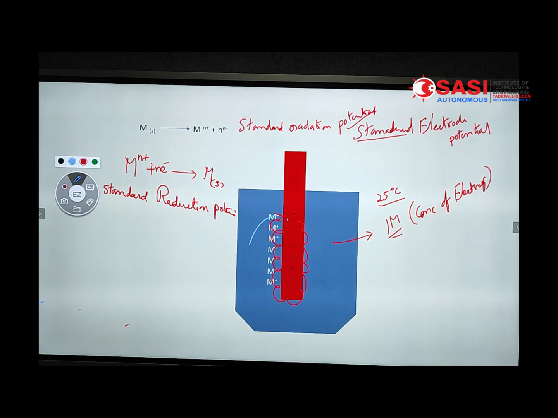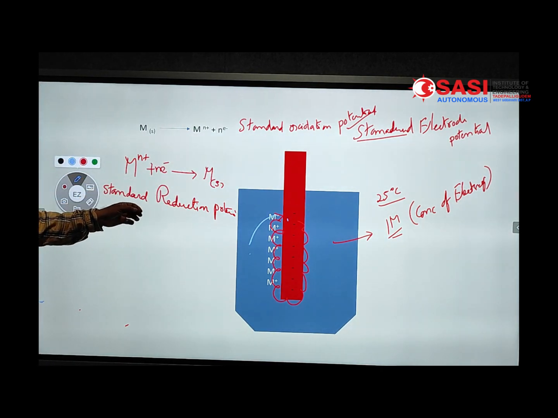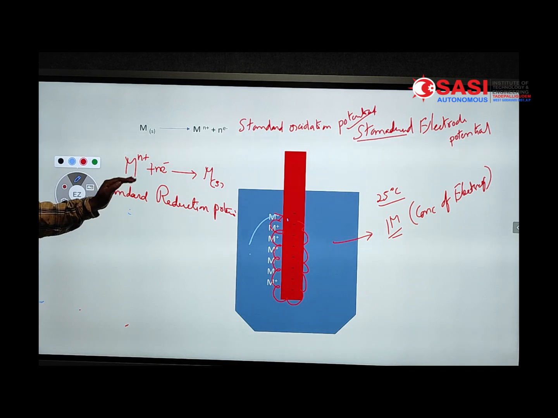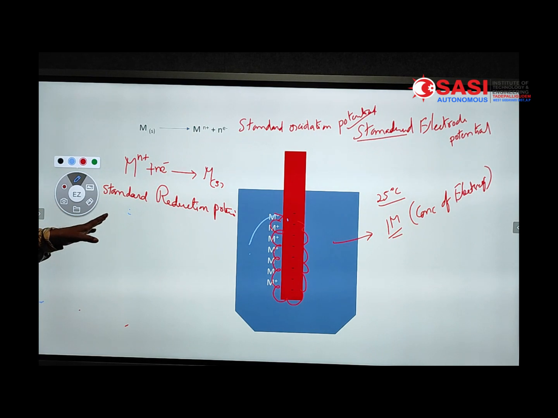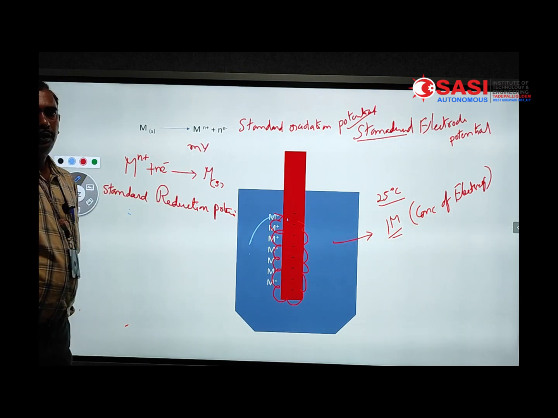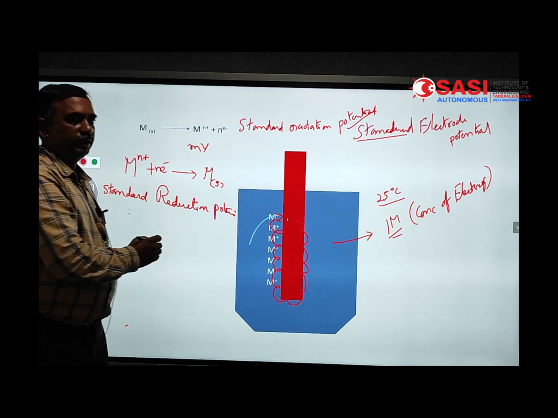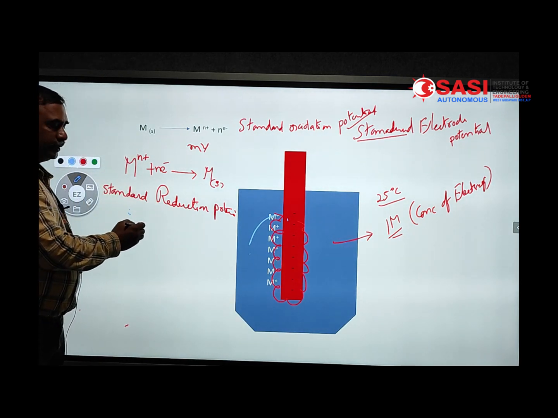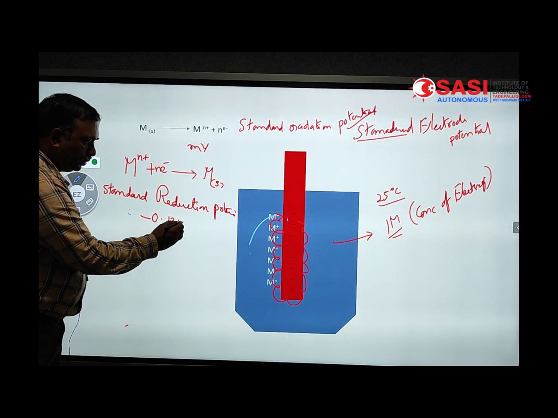So is it clear the difference between standard oxidation potential and standard reduction potential? It is the same, but the reaction was oxidation here and here it is reduction. These electrode potentials are generally measured in millivolts. If in any problem they give you some standard reduction potential, generally we will measure standard reduction potentials like 0.013 volts.